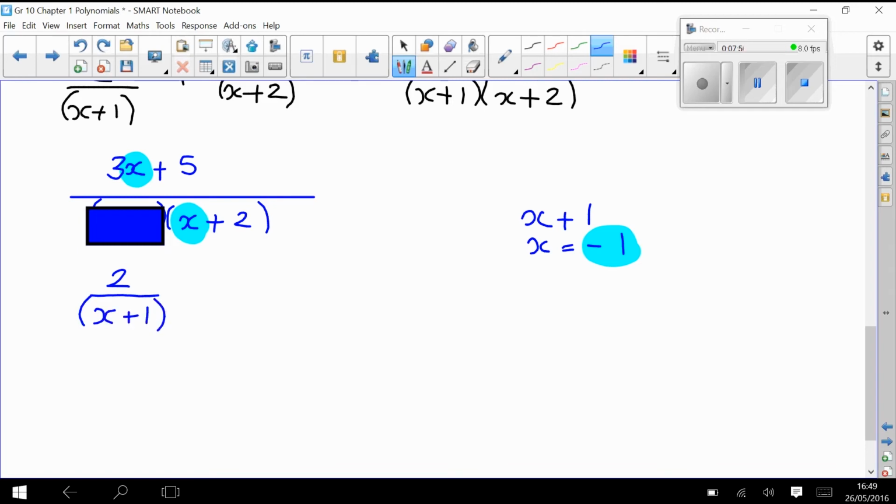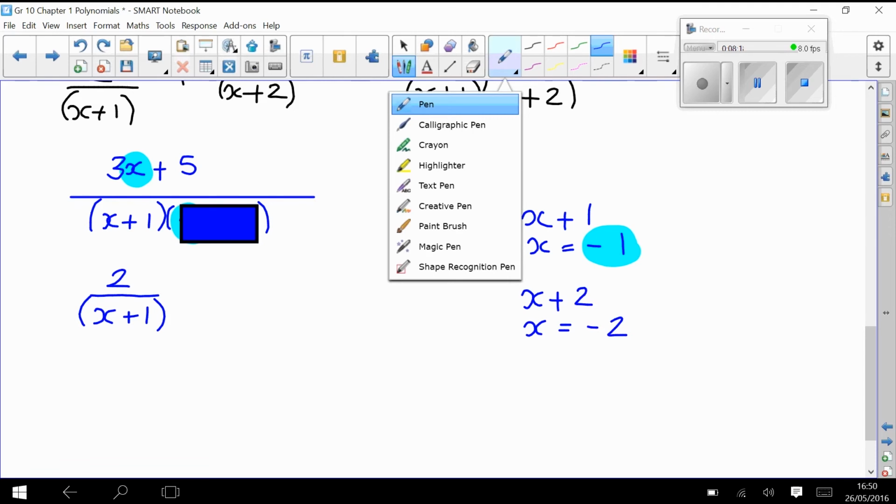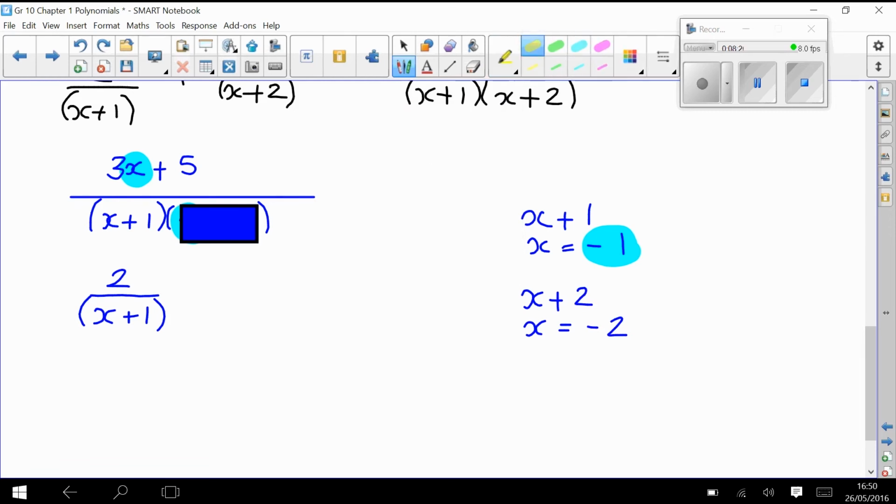Let's try the other one. This time I'm going to cover up this factor over here, and when I work with this one, then I'm going to get that when x plus 2 is the factor, x would have been minus 2. Now I'm going to substitute minus 2 into the x here and the x here.